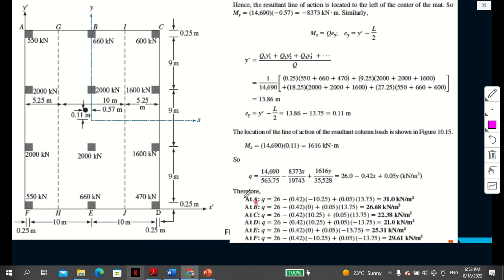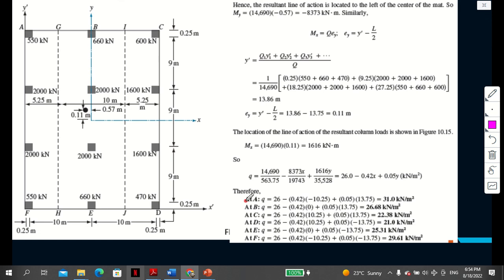So for example, at point A, the equation. But the reference, let me just show you.